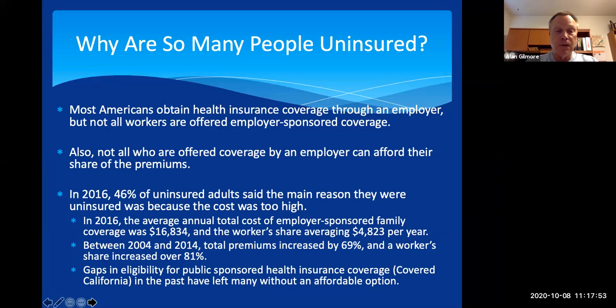Gaps in eligibility for public-sponsored health insurance coverage, things like Covered California, in the past have left many without an affordable option. So we're going to spend some time as we get further into the modular to really talk about why healthcare is so expensive. Why are the costs so high? So high that it results in so many people not being able to afford it at all.